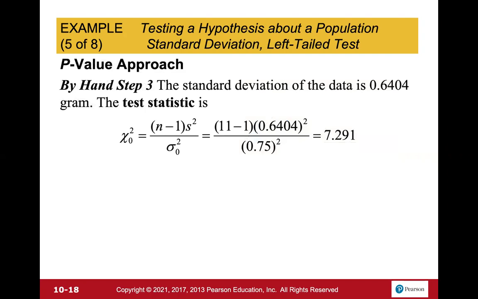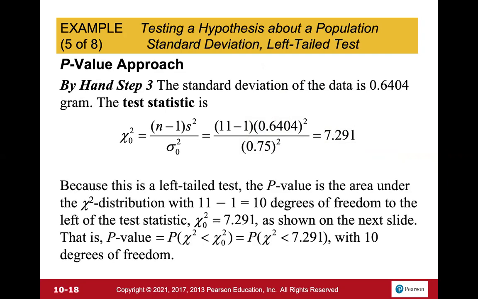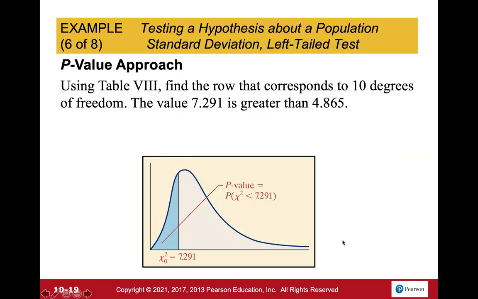And now looking at the p-value approach, again, that same chi-squared value, that same test statistic, we're going to look at the probability of it being less than our actual value. We found that with 10 degrees of freedom, that value was, where was that value?